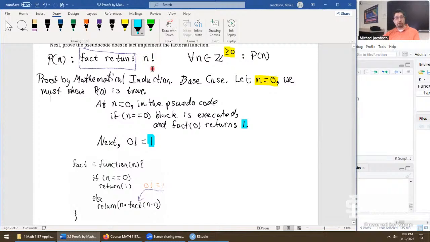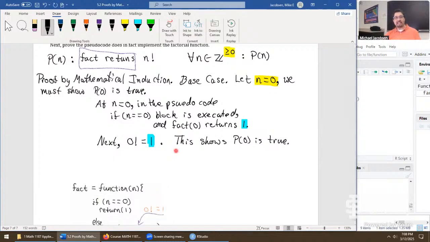So we really have n factorial here at the value of when n is 0. This shows P(0) is true. So we know our pseudocode down below is actually anchored in something that if we run this, it's not going to run forever, because if we give it a 5, it will start decreasing the values here recursively until we get to 0 and it'll stop. So that's what happens in the base case.